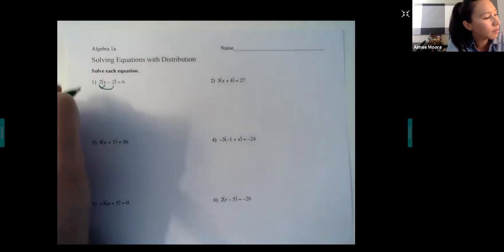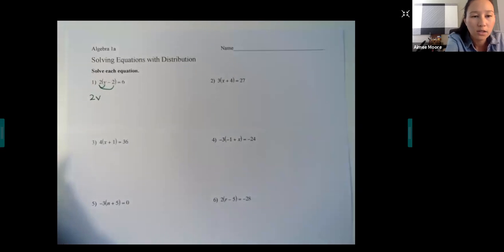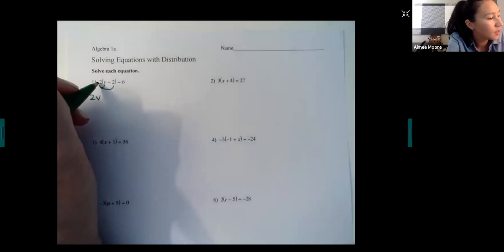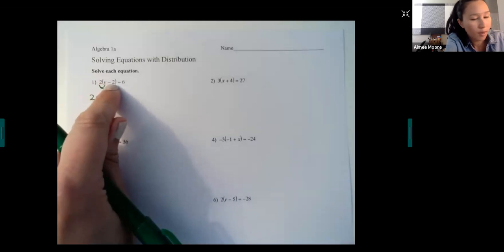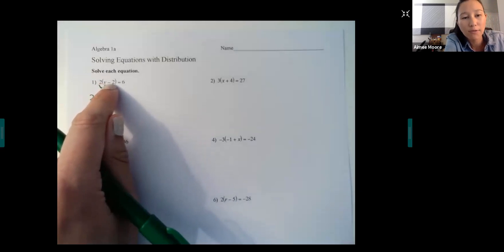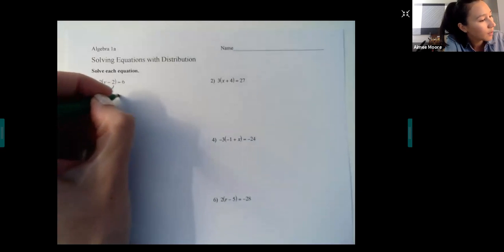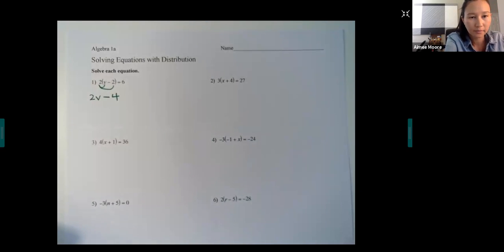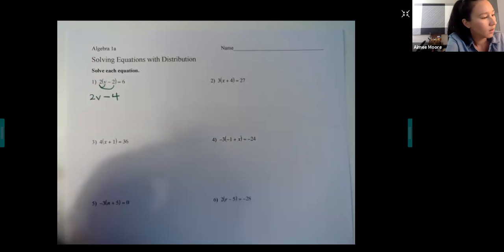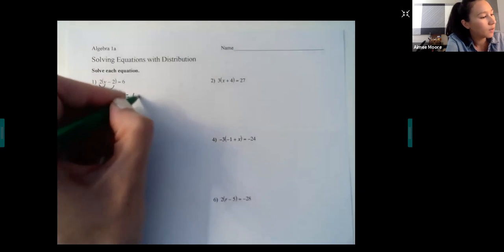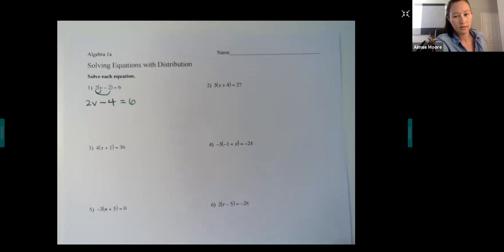So 2 times v is 2v, and 2, in this case, inside the parentheses is a -2. So we have to multiply 2 times -2, which is -4. And then we bring down our equals 6.